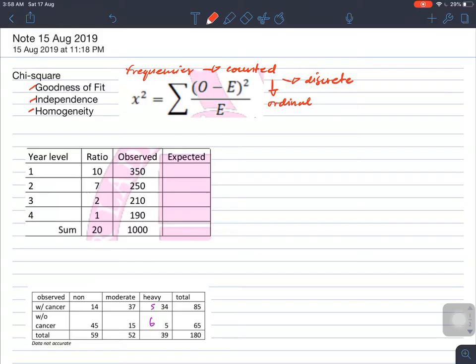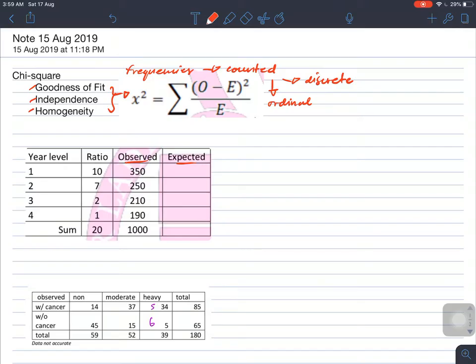Okay, function lang po sila at hindi sila variation, and thus, even though iba-iba po yung gamit nila, they actually use the same formula, which is chi-square is equal to the summation of the quantity of O, which is for observed values, and then E for expected values, squared divided by E, again for expected values.